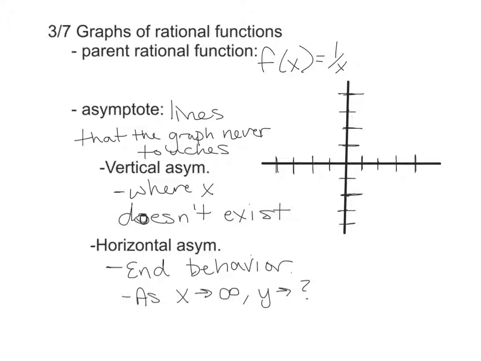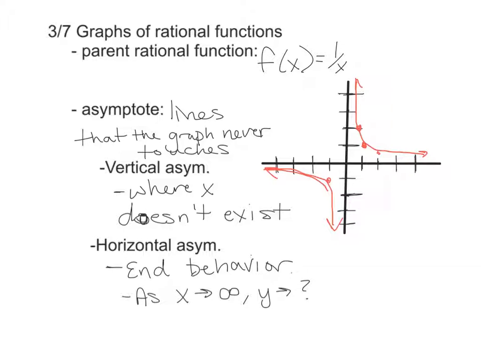So in this case, if we were to graph the parent function, we can make a table. If I plug in 1 for x, I'd be at 1, 1. If I plug in 2, I'd be at 1 half. If I were to plug in 1 half, I would be up at 2. So my graph is kind of going to do this. As it goes along, if I were to plug in negative, it's going to go this direction.